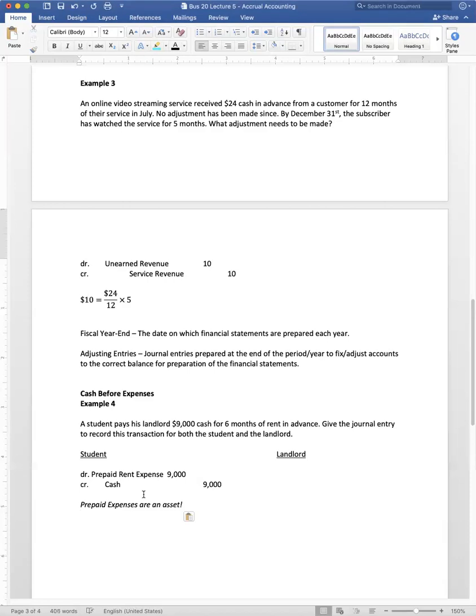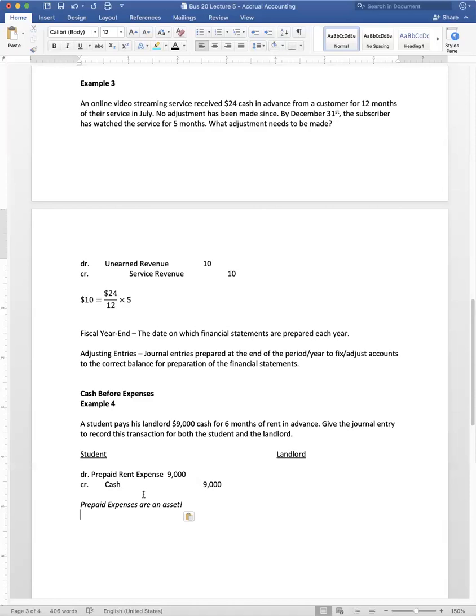It's an asset. Right? If you've paid for something in advance, but you haven't used it yet, well, that is the definition of a future benefit, right? That you have something, you paid for it, but you still haven't used it yet. You get to use it in the future. So for example, if you buy that concert ticket, in the future, you get to go attend the concert, right?